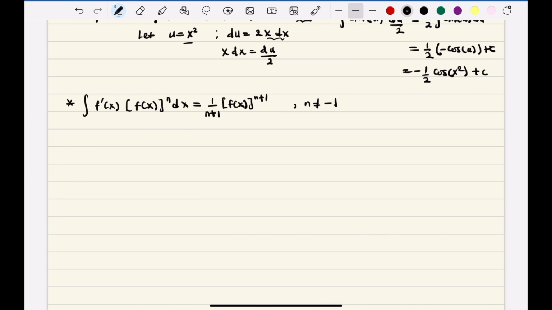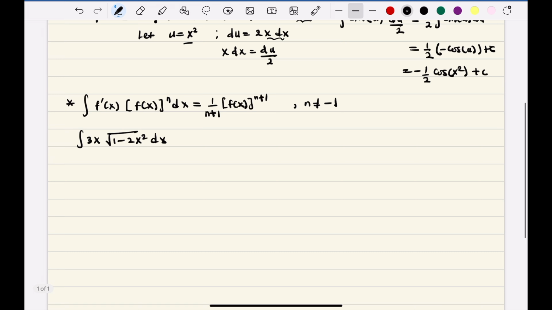Now let's take, for example, we want to integrate 3x multiplied by the square root of 1 minus 2x squared dx. Let's take a look at it again. We can see here that if we differentiate this expression, we'll have something close to this. Don't take my word for it, let's check it out.